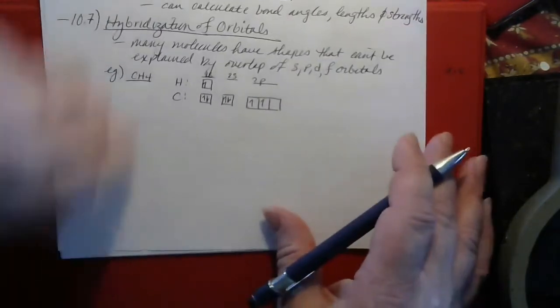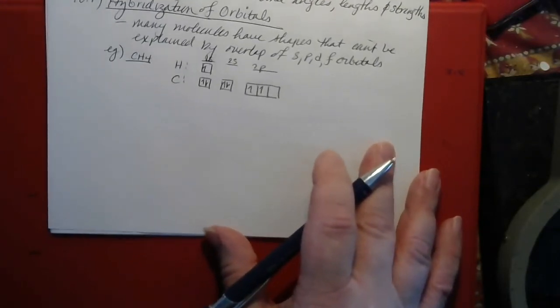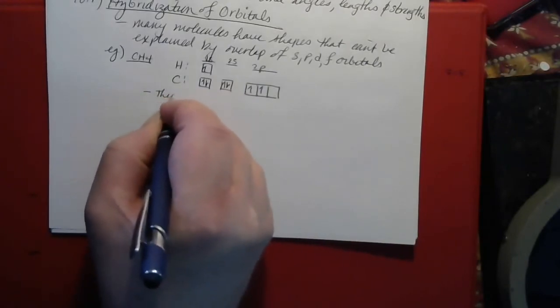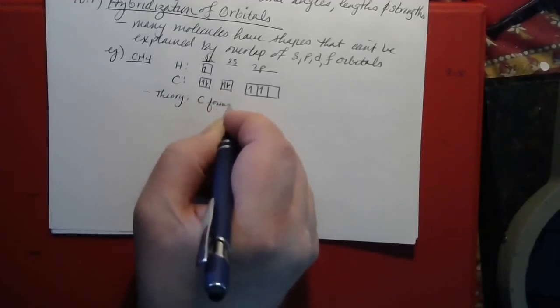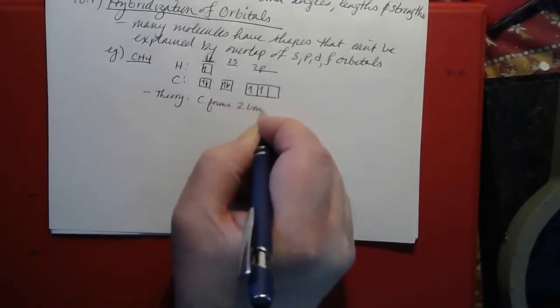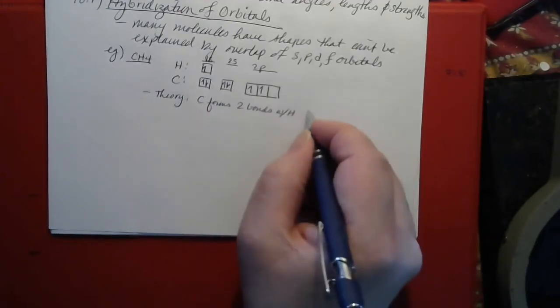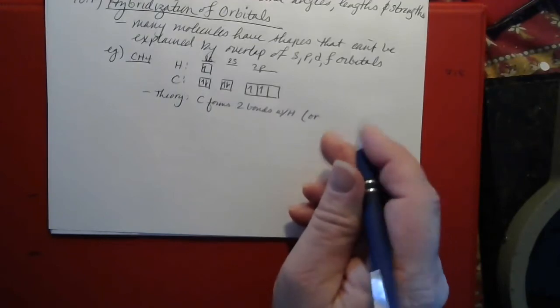The theory would lead us to believe that carbon would only form two bonds with hydrogen, or maybe two bonds and one coordinate covalent bond.